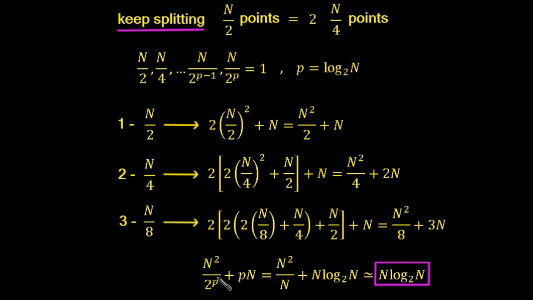So finally we're left here with our n squared upon 2 to the p plus pn. Now this can be rewritten as n squared upon n plus n log to the base 2 of n. So this thing here then can be approximated to the value n log to the base 2 of n.